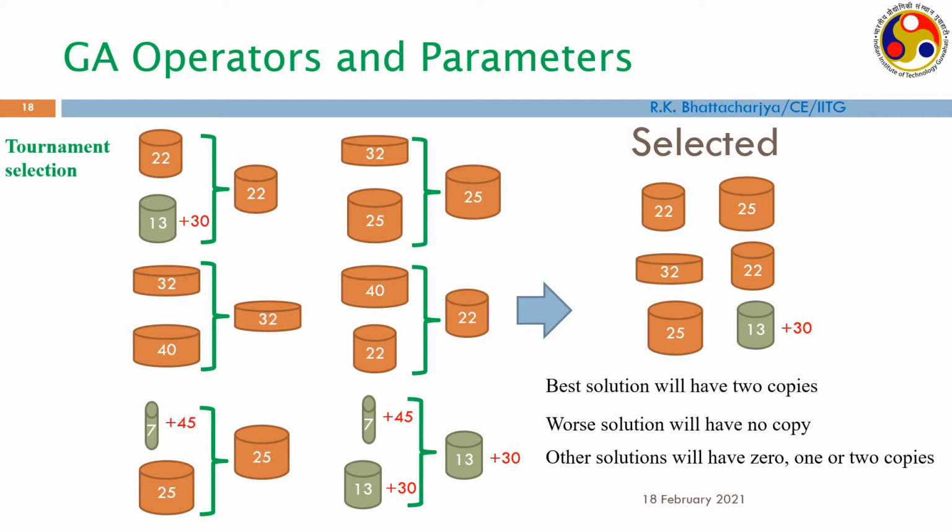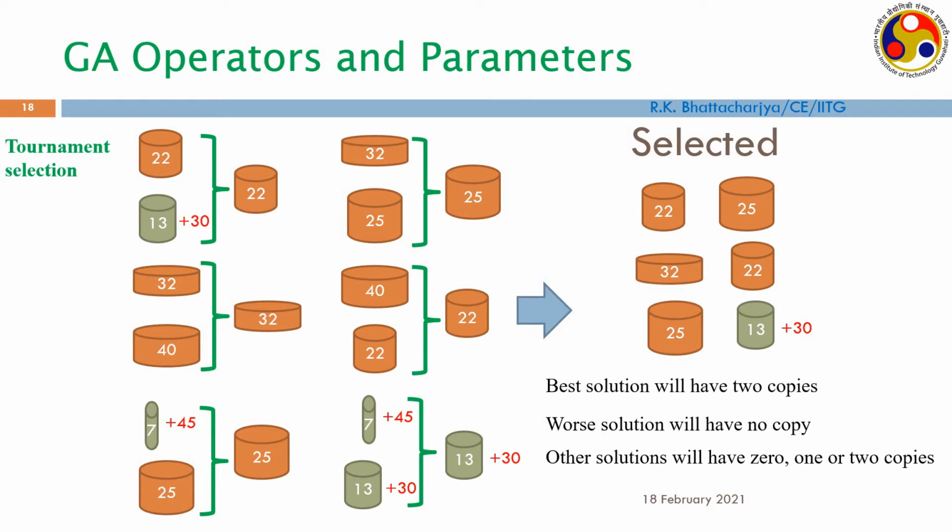So in the last class we discussed up to this particular slide, which is related to tournament selection. Here you select a few individuals and ask them to go for a tournament.